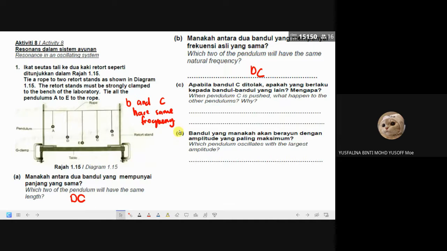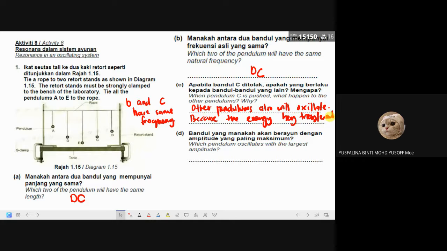Okay, so here it says when pendulum C is pushed, what happened to the other pendulums? The other pendulums also will oscillate. And why? Because the energy is being transferred.